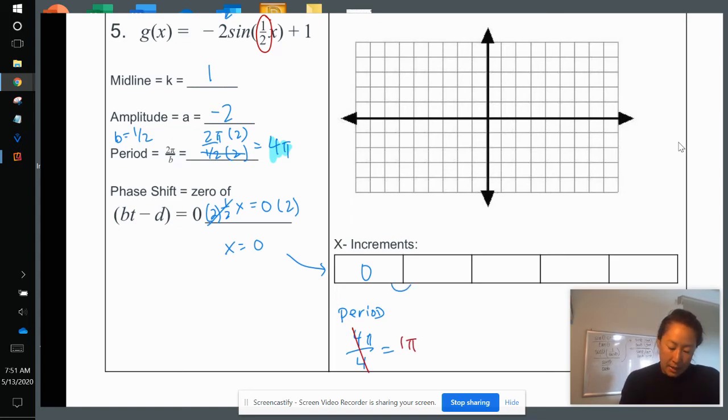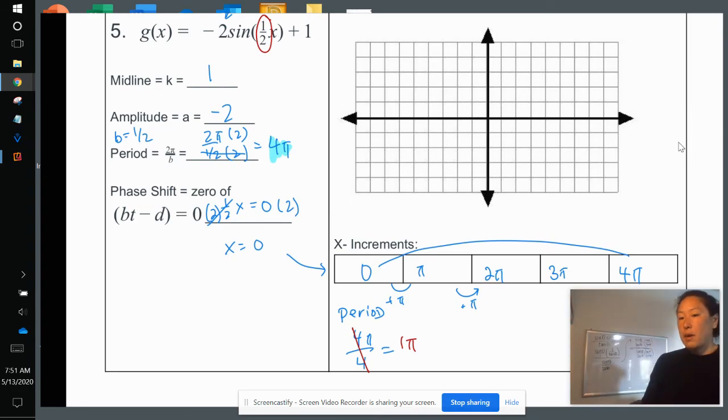Okay, we're going to add pi, add another pi, giving me 2 pi, 3 pi, 4 pi. Check. Is the total domain, the distance between 0 and 4 pi, 4 pi? Yes. It's nice because it starts at 0. That's what happens when we don't have a phase displacement. Okay, counting on the axes: 0, pi, 2 pi, 3 pi, 4 pi, negative pi, negative 2 pi, negative 3 pi, negative 4 pi.